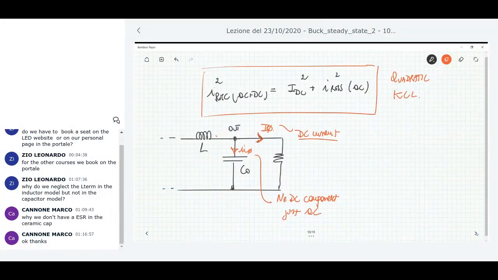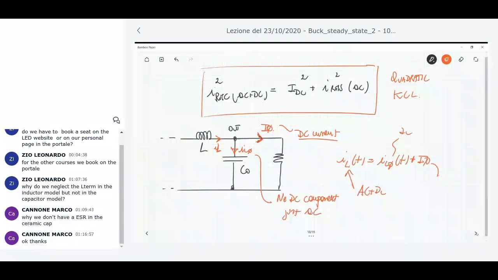The current flowing here, the current IL, is, as a consequence, the sum of what? IL of t is IC naught plus I naught. IL is a current composed of AC plus DC contribution. IC naught is just AC. I naught is just DC.